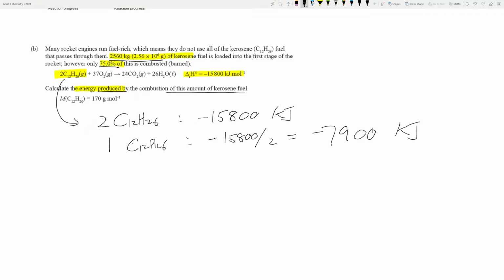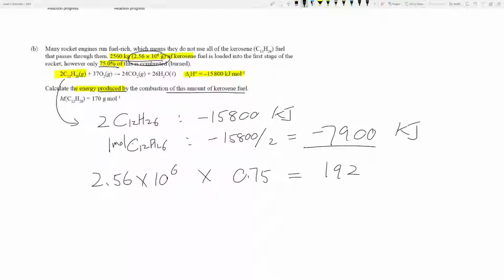Okay, so this is 1 mole, so we know 1 mole releases 7,900 kilojoules of energy. We know we have this many grams, so we can convert that grams into moles. We know that 75% of it burns, so we can figure out the grams.